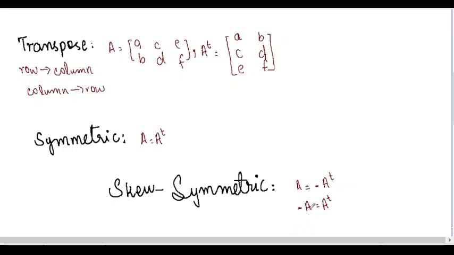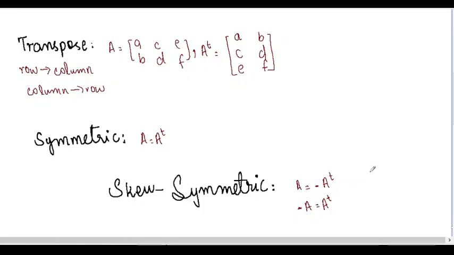Taking the negative of A means that you change the sign of all the elements of A. It becomes minus A, minus B, minus C, minus D, minus E and minus F. It is called minus A. And if it becomes equal to A transpose, then it is called a skew symmetric matrix.